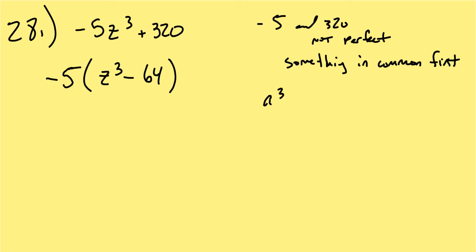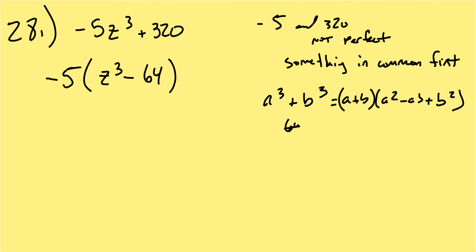So I'm going to use a cubed plus b cubed equals a plus b in parentheses, a squared minus ab plus b squared. Now remember, 64 is 4 cubed, so I'm going to take that and make it 4 cubed. So I have negative 5, z minus, oh, it's supposed to be a minus in the middle.